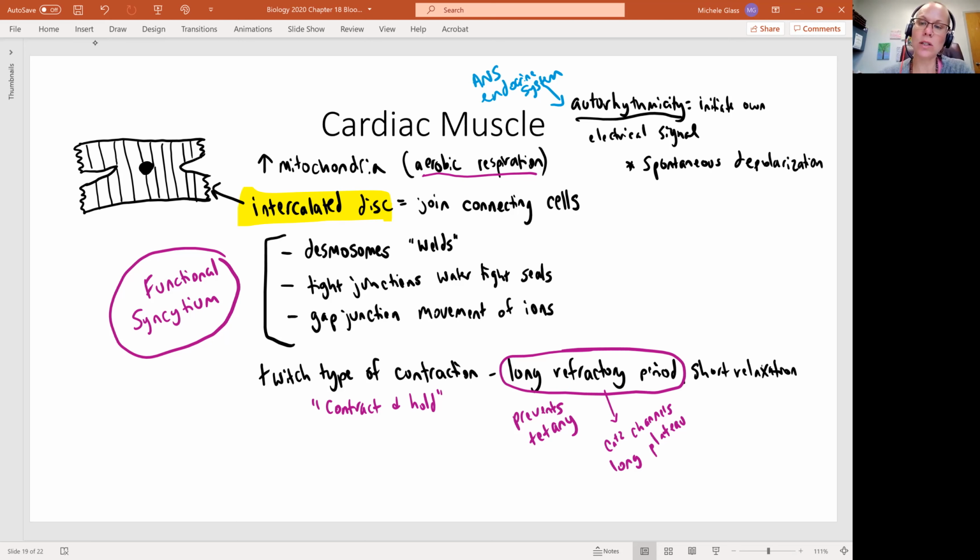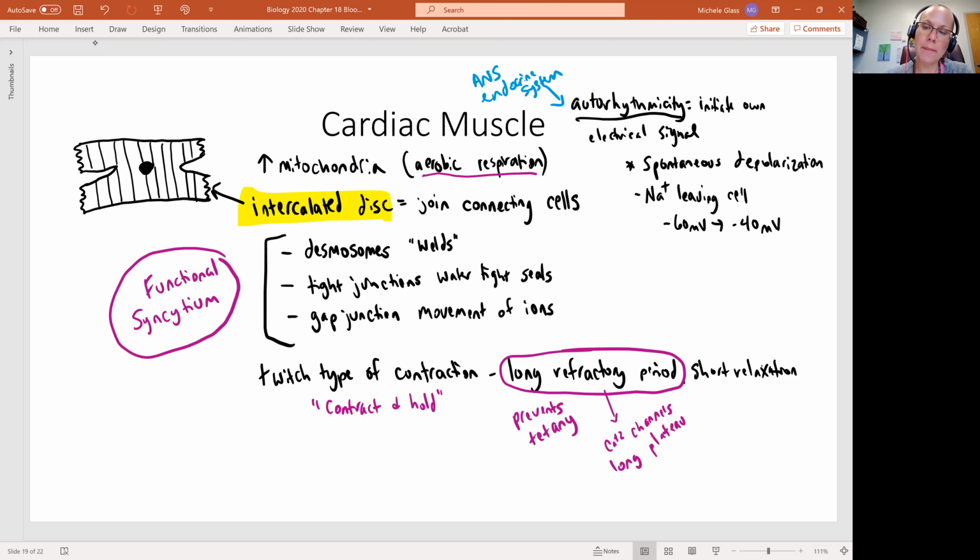And it's doing it on its own because we'll see that you have special cardiac muscle cells that have sodium ion leaving the cell, so that it's going to go from -60 millivolts spontaneously to -40 millivolts.